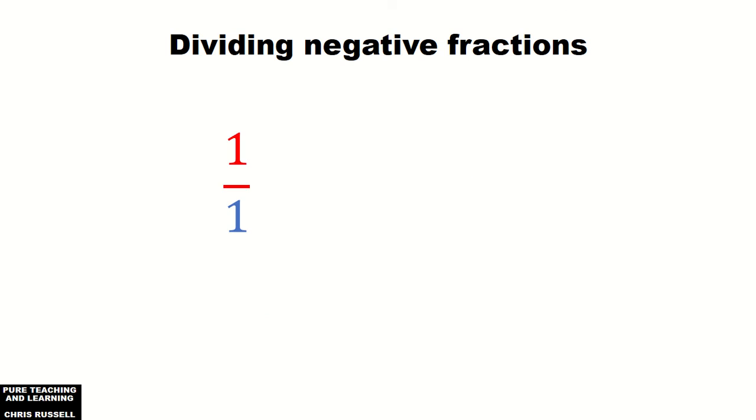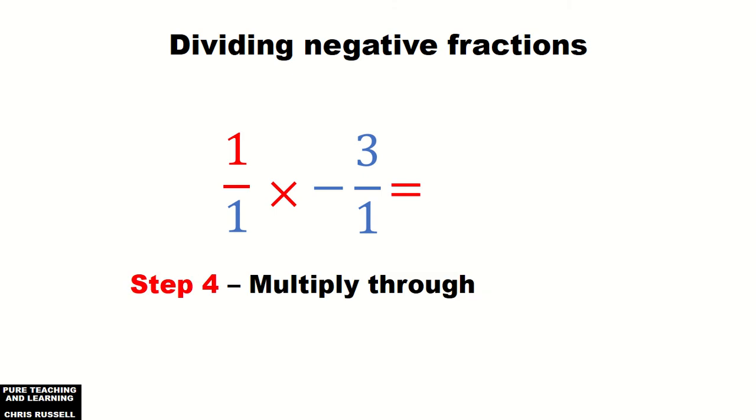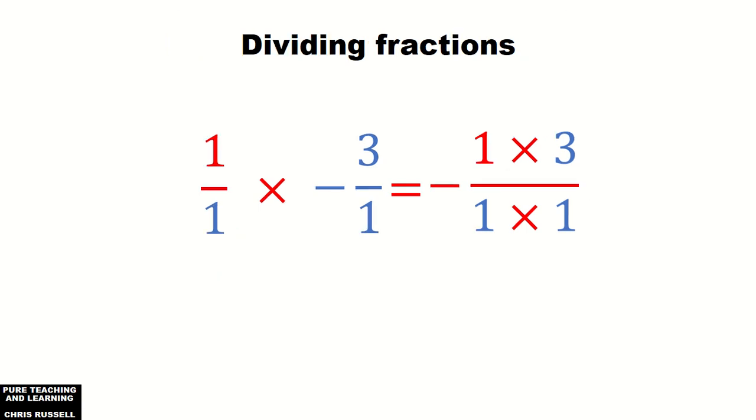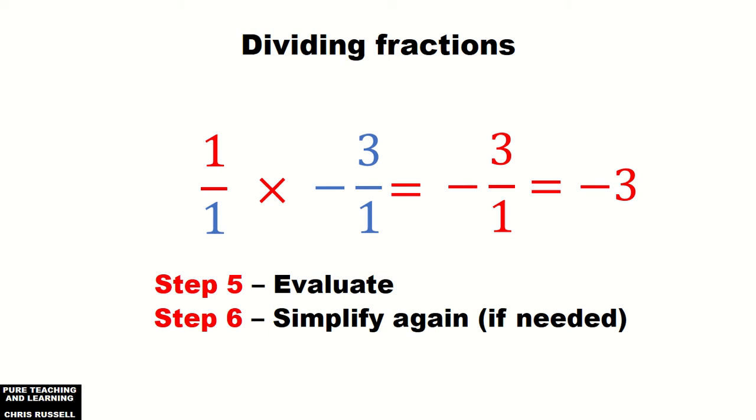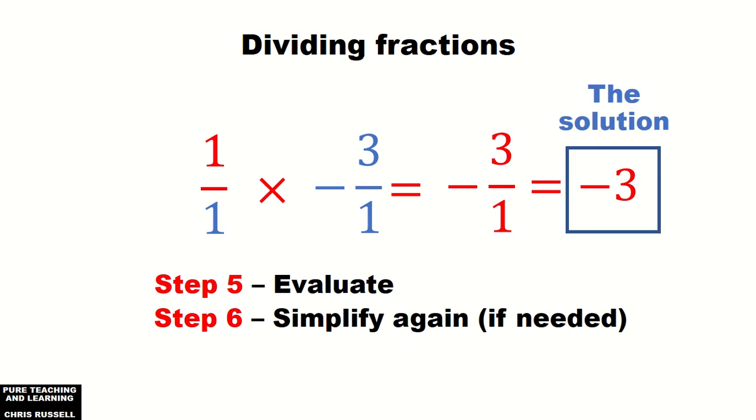So now we've got 1 over 1 multiplied by negative 3 over 1. We multiply through, and we get negative 1 multiplied by 3 over 1 multiplied by 1. So now we evaluate, we get negative 3 over 1, which just equals negative 3. And we basically simplified there. And that's our solution.